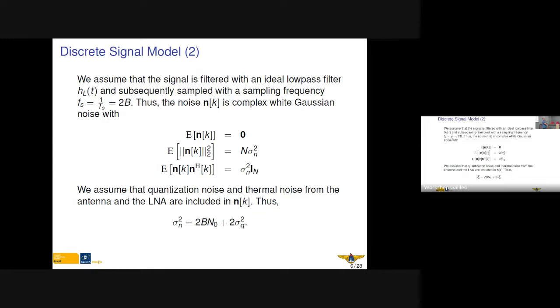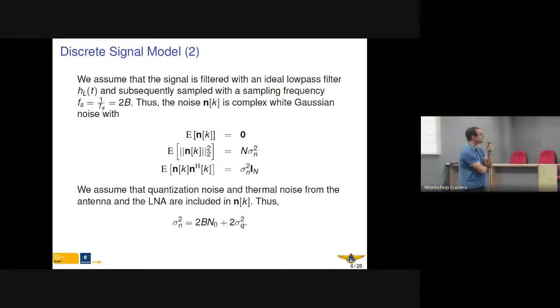We can assume that the quantization noise is Gaussian distributed if we have a certain number of bits that we use for quantization. If we are, for example, with 6 to 8 bits, this is a very good assumption to assume complex Gaussian noise. For lower quantization, we have to be very careful about the noise statistics.